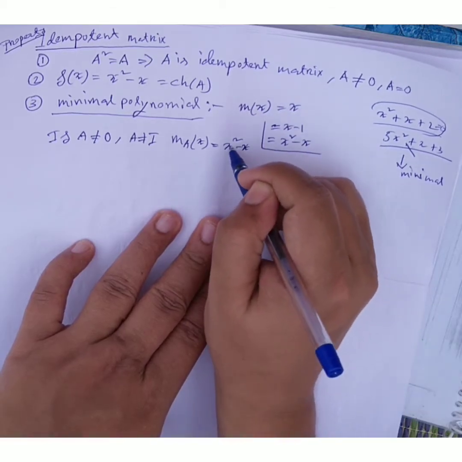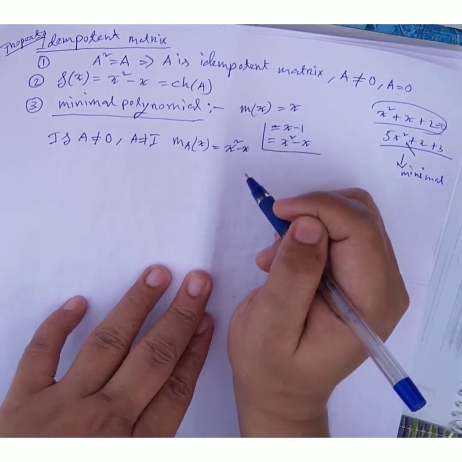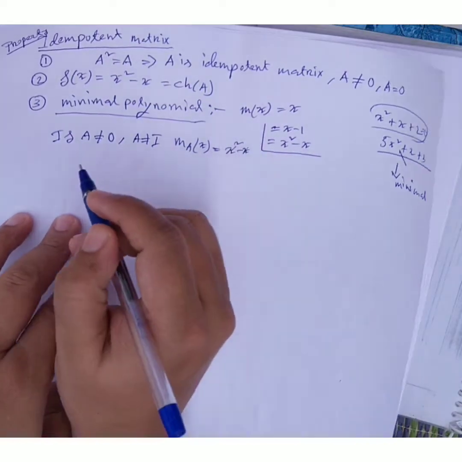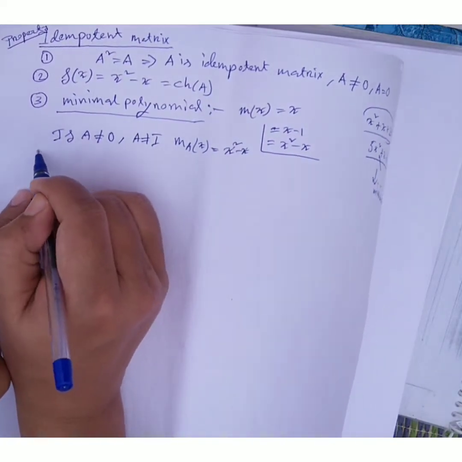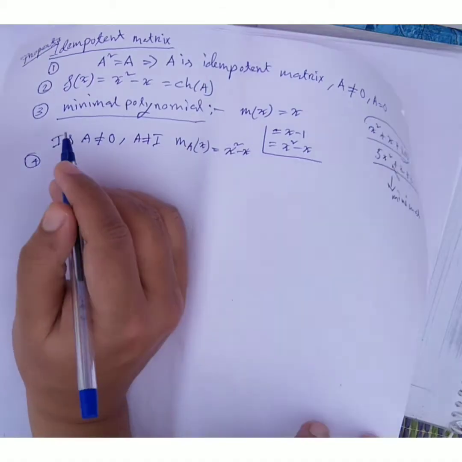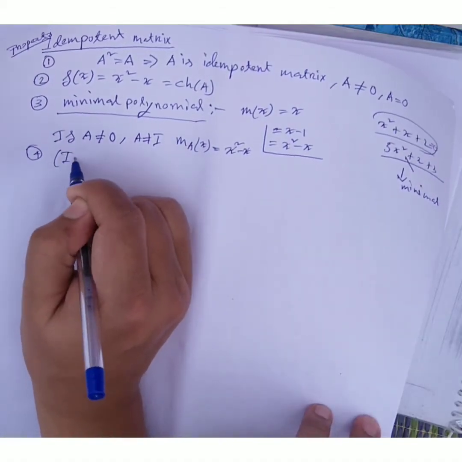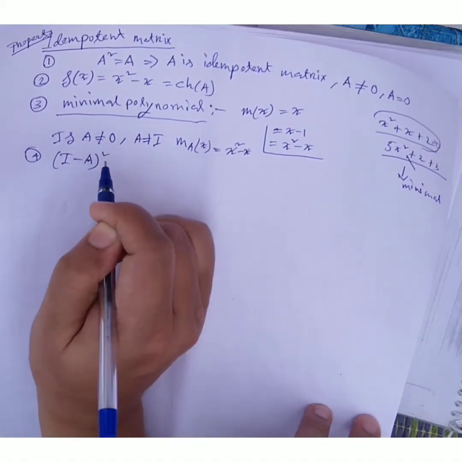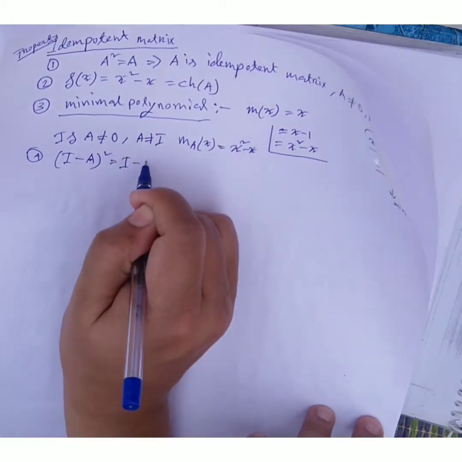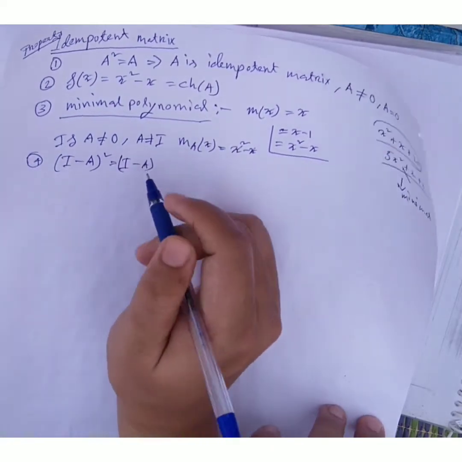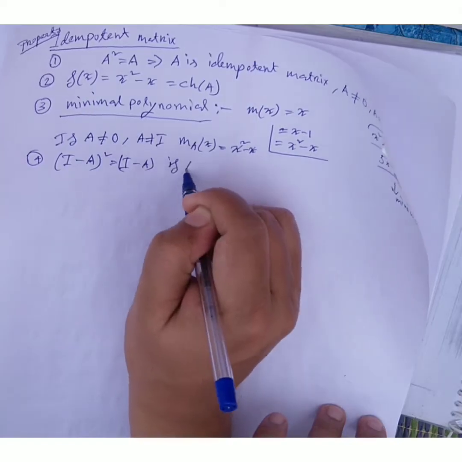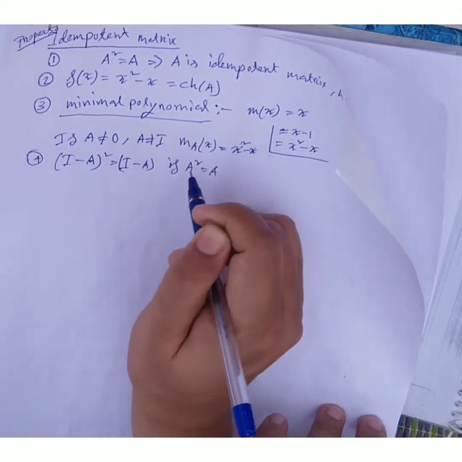Minimal polynomial must be x square minus x. And number 4 is I minus A whole square is equal to I minus A, if A square is equal to A.